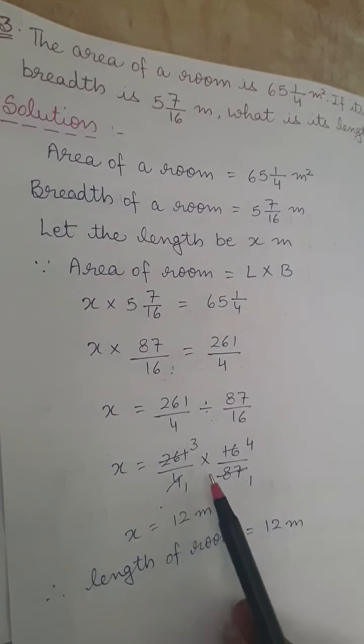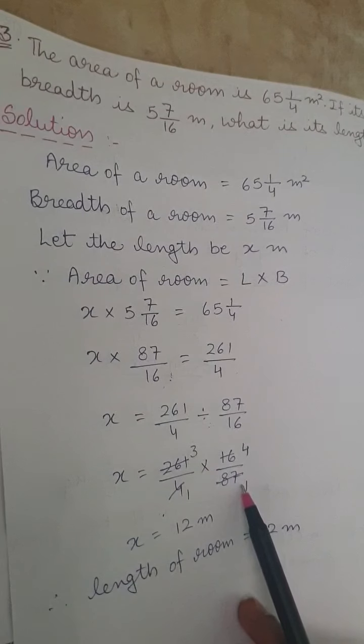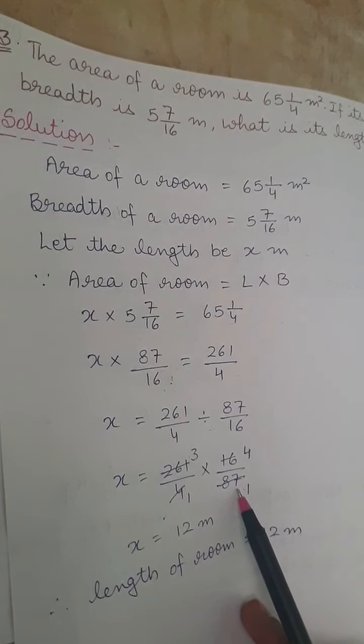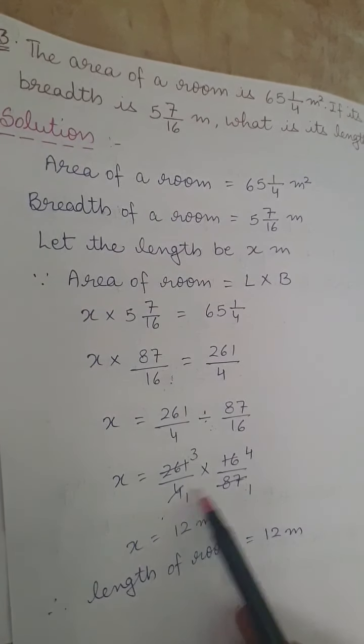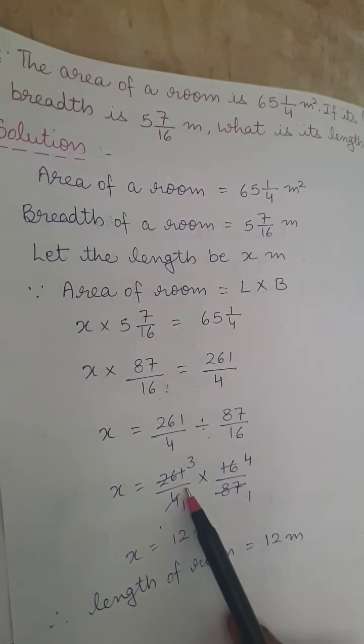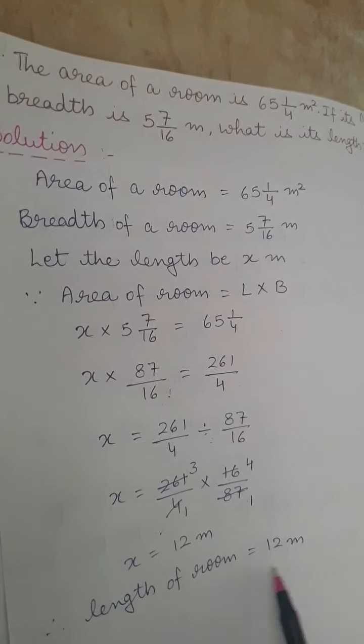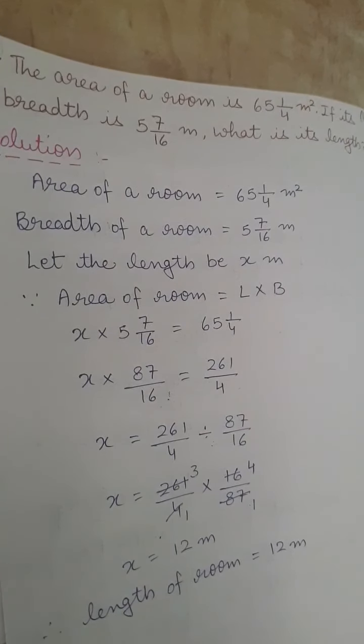That is 261 divided by 4 multiplied by 16 upon 87. We have taken the reciprocal. Now 4 4s are 16 and 87 3s are 261. So we get 12. That is the length of the room. Fine. I think it is clear now.